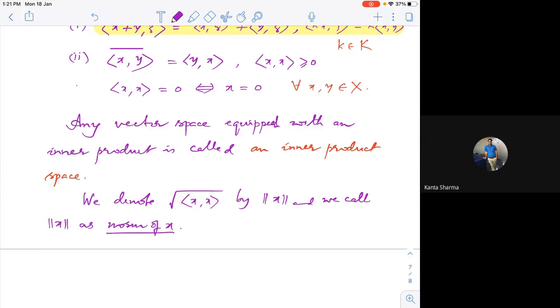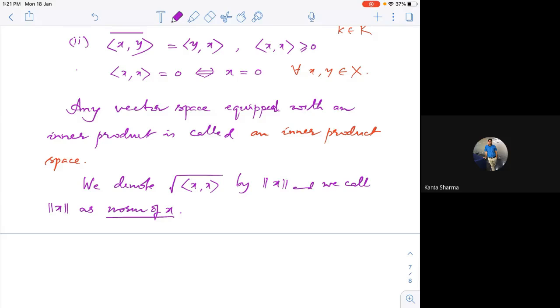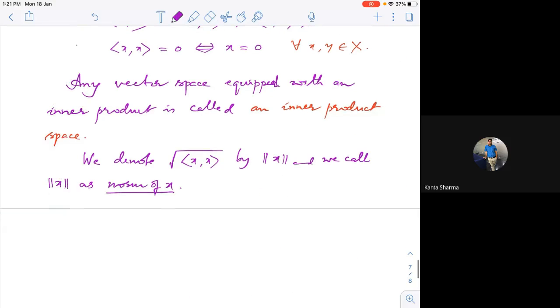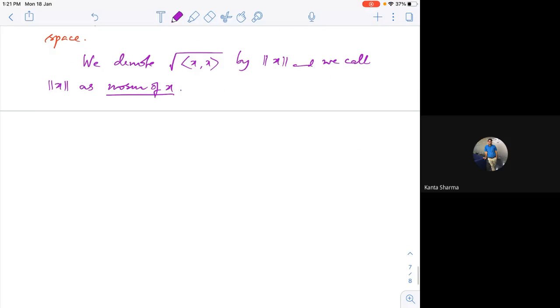It is nothing but the extended concept of length. When you take R square over R, it is going to give us the length of this. So such a thing is called an inner product space. And a special kind of inner product space is called a Hilbert space. So before going for that Hilbert space business, I want to look at one or two examples.